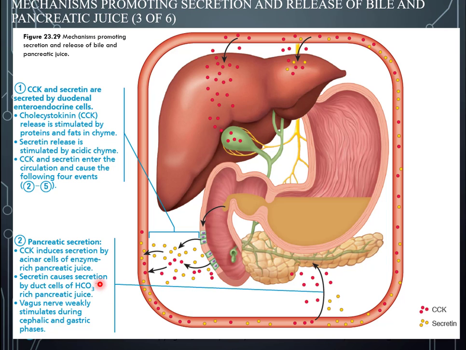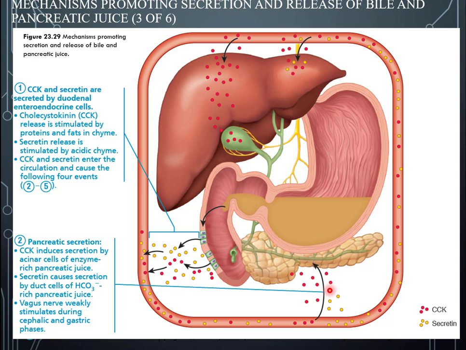four events, which is the stimulation of the pancreatic secretion. CCK induces secretion by the acinar cells of the enzyme-rich pancreatic juice. Secretin causes secretion by duct cells of bicarbonate-rich pancreatic juice.